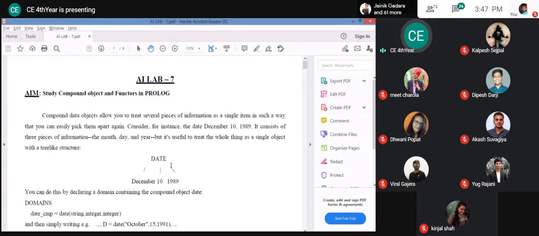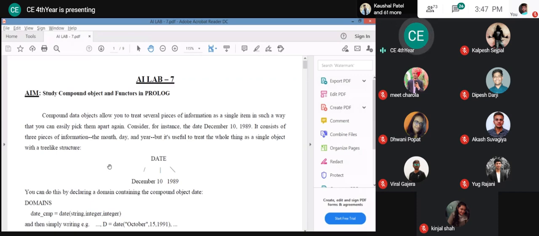In the example I have shown you, consider this date, December 10, 1989. It consists of three pieces of information: month, day, and year. It is useful to treat the whole thing as a single object with a tree-like structure.